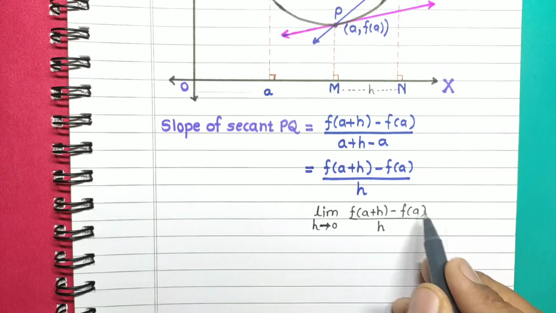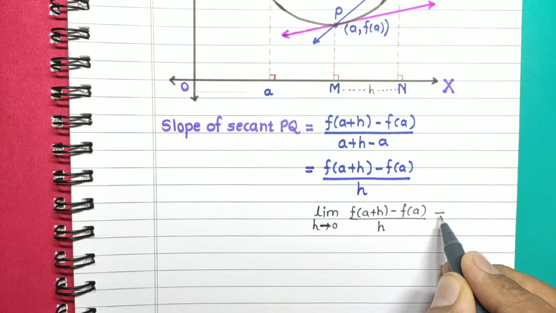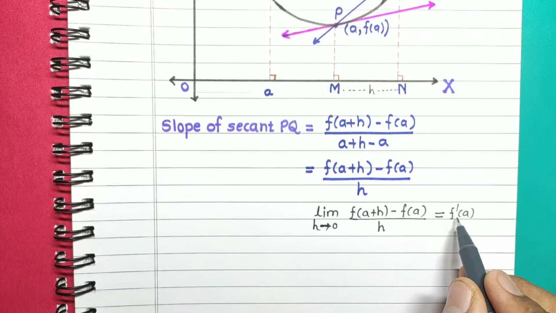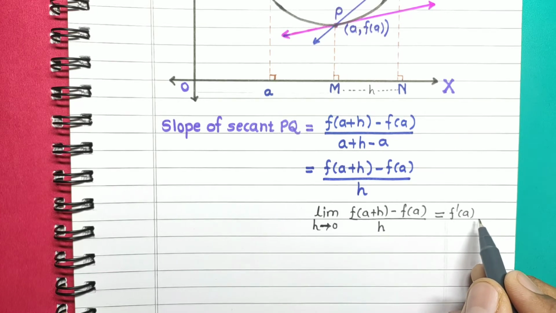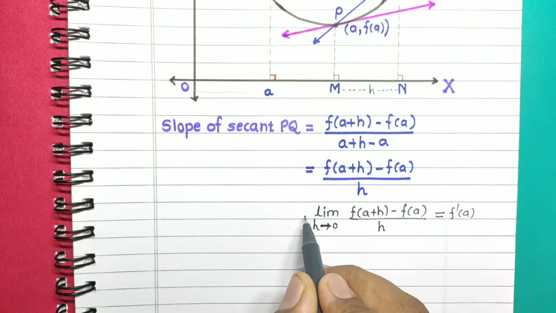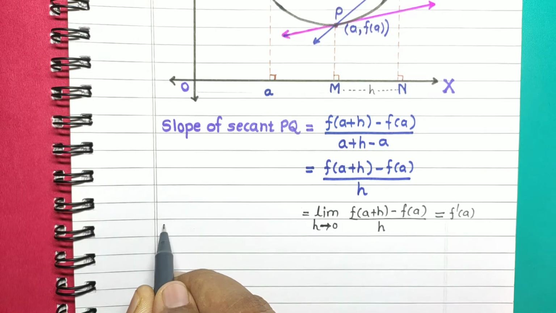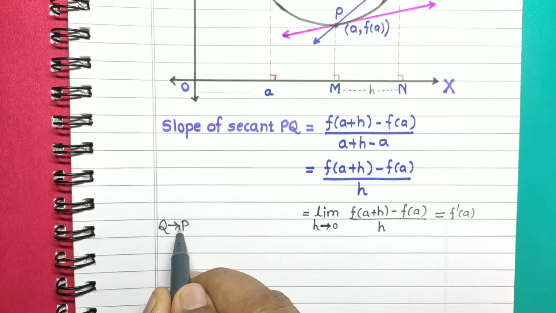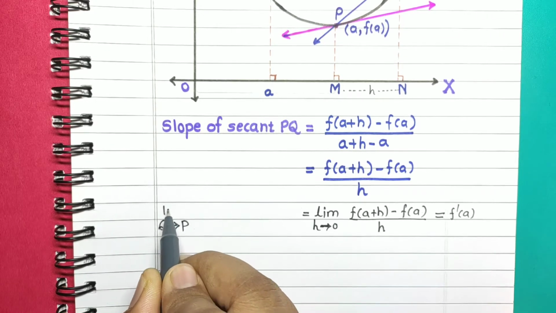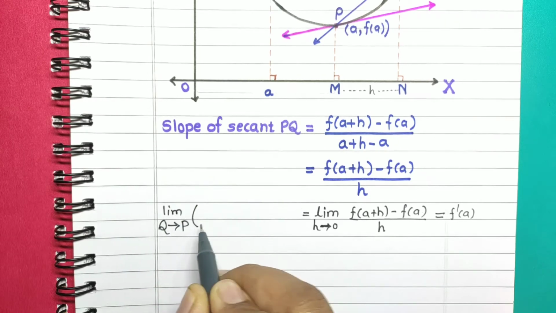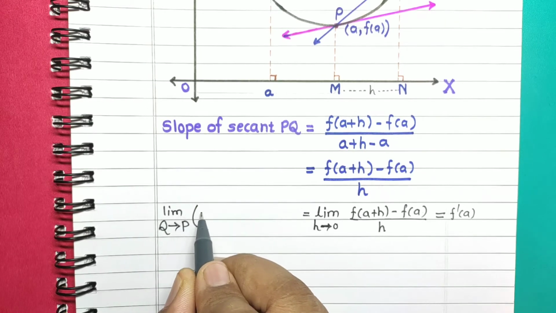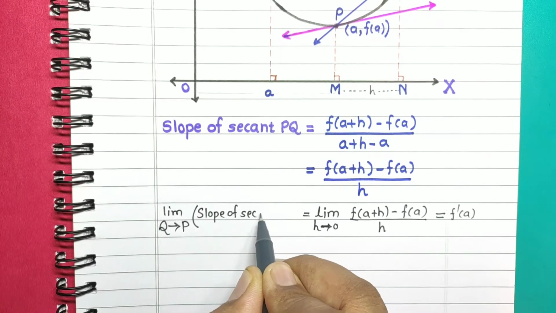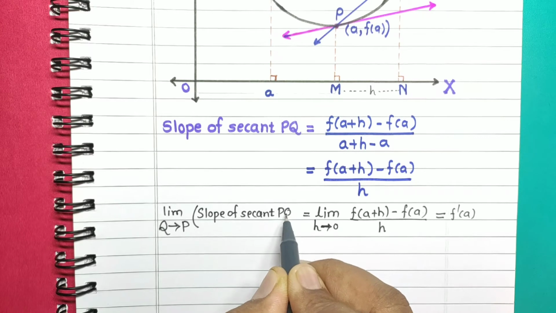And we know that if this limit exists, then it is nothing but f dash of a, that is the derivative of function f of x at x is equal to a. And this is when Q approaches point P. That means this limit, we can consider the limiting position of the secant. So this is the limit of the slope of secant PQ.